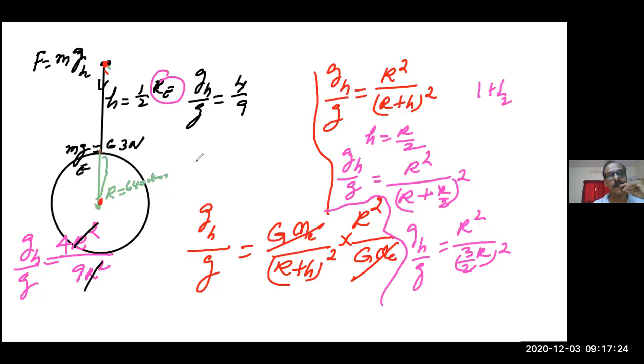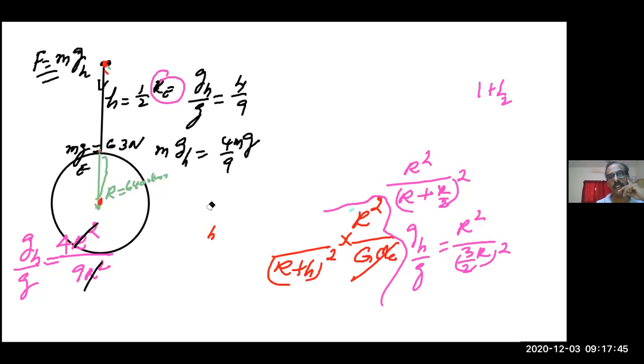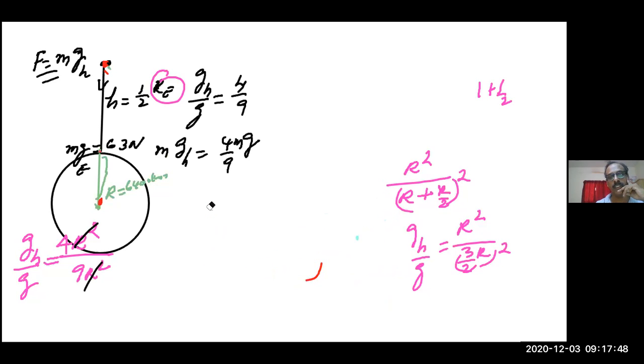Agreed? Now g_h is equal to 4 by 9 of g. Now we need weight, because gravitational force means weight. Both sides multiply by m. That means 4 by 9.